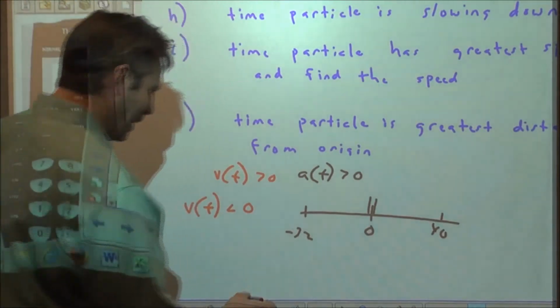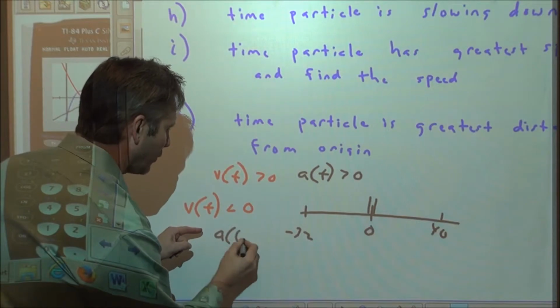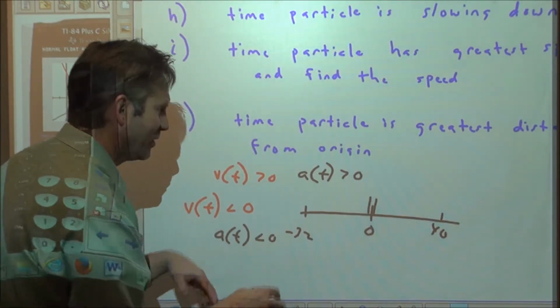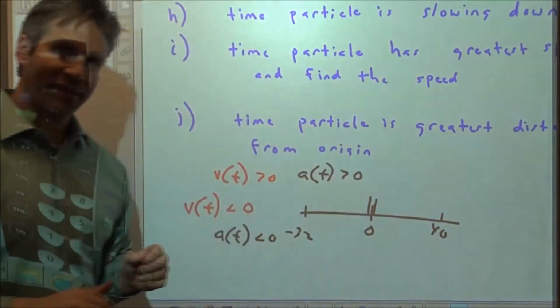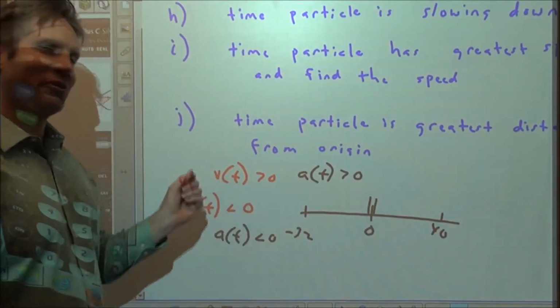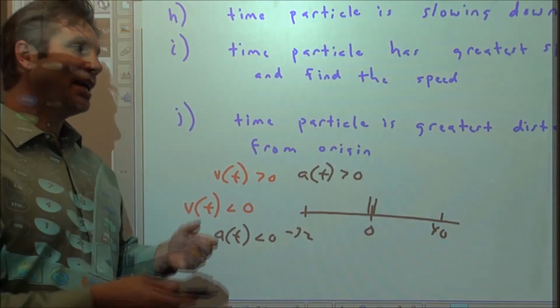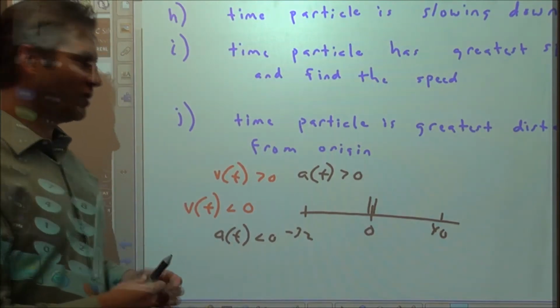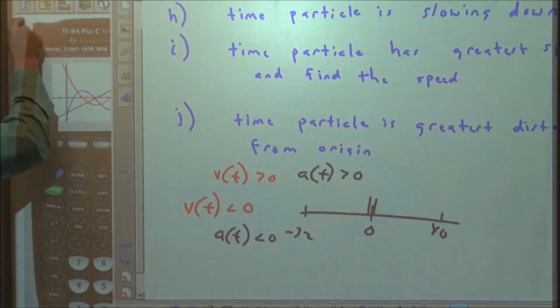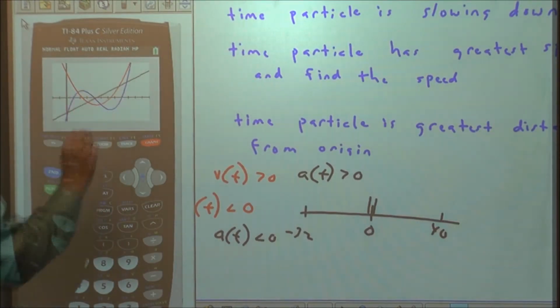So if it's speeding up, the acceleration in this case would also be negative. So put those two ideas together: when the first and second derivatives both have the same sign, that's when the particle is speeding up. If we look at it on the graph over here, look at the red and the black.